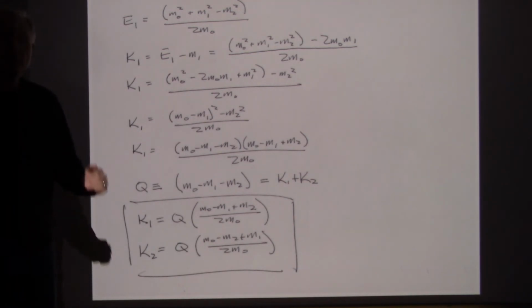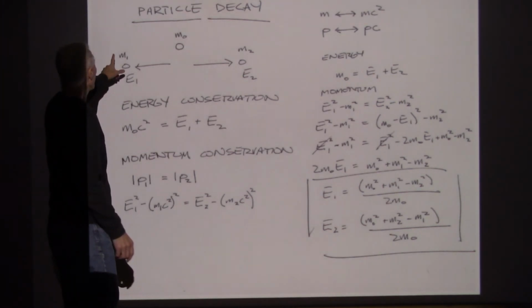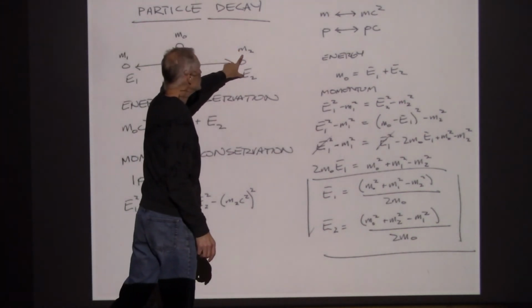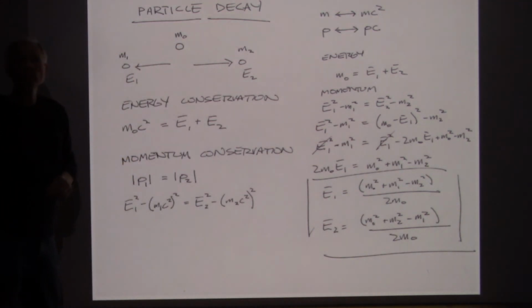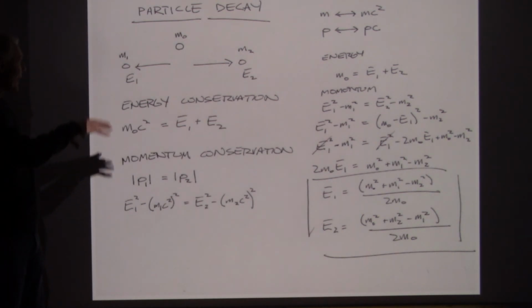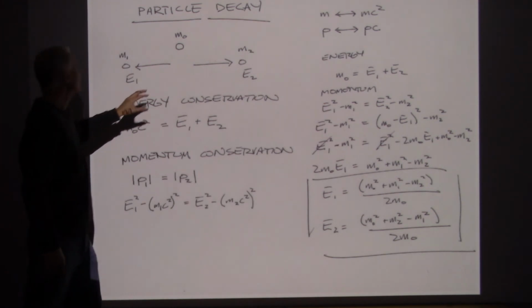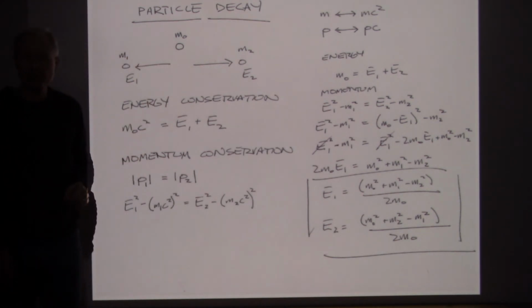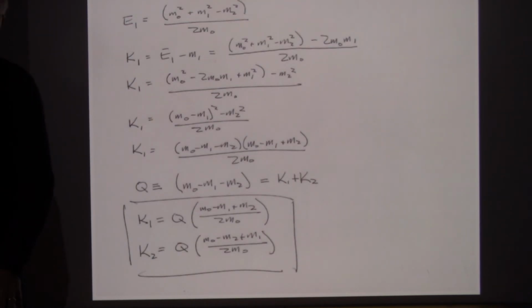So what's going to happen in all these reactions is that M1 and M2 are going to be less than M0. There is going to be missing mass. The mass of the products is less than the mass we started with, and whatever mass is missing will show up as kinetic energy.